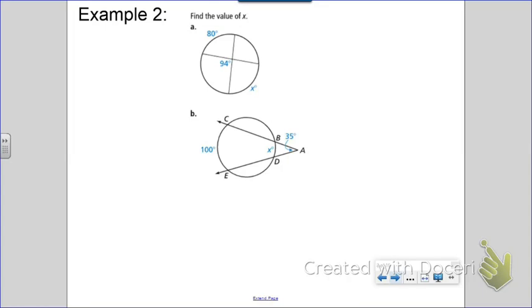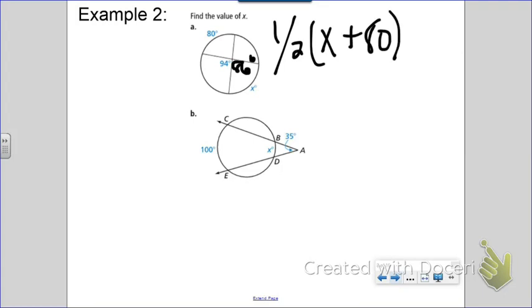First thing we want to find is that angle next to the 94 one, so those are linear. If we subtract, we get this angle is 86 degrees. So if I take half of x plus 80 has to equal 86. Multiply both sides by 2.